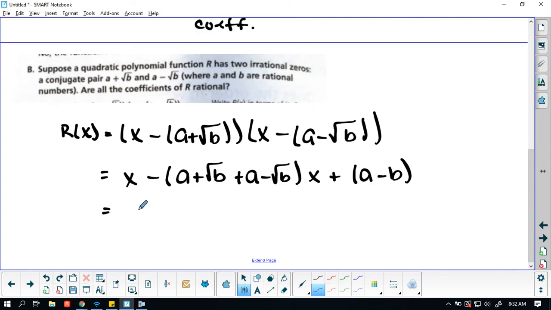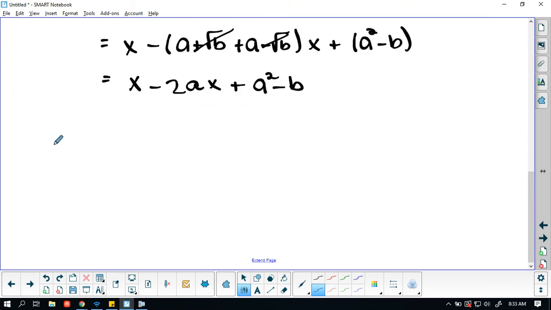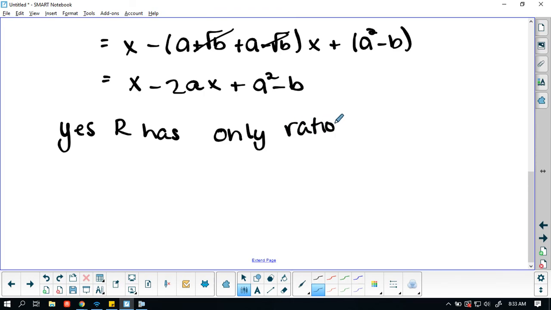So we're going to have x squared minus, this cancels that out, so x squared minus 2a x plus a squared minus b. Oh, sorry, this is a squared because a times a is a squared. And that's it. We have no roots anymore. So yes, R has only rational coefficients.